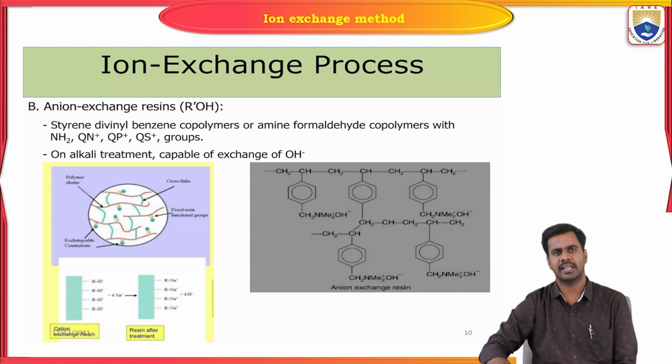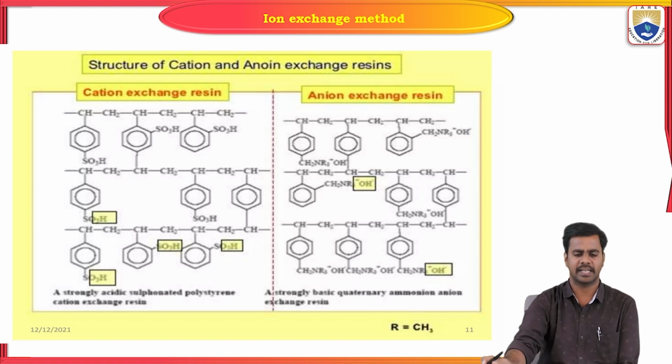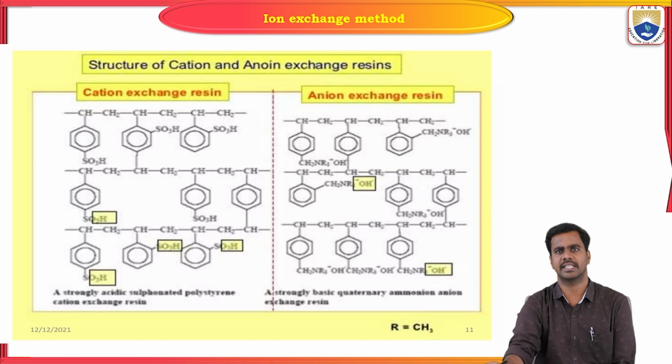By using cationic resin and anionic resin, we can remove whatever cations and anions are present in hard water. Ultimately we can remove the hardness producing salts present in the water by using cationic and anionic exchangers. Let us see how we can remove the hardness producing salts from water. These are some examples of cationic exchange resins and anionic exchange resins.